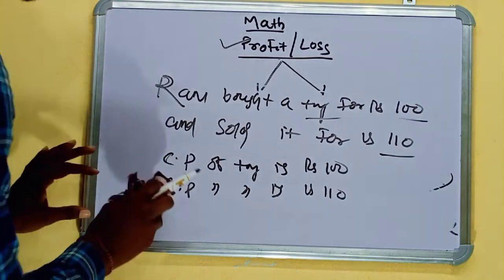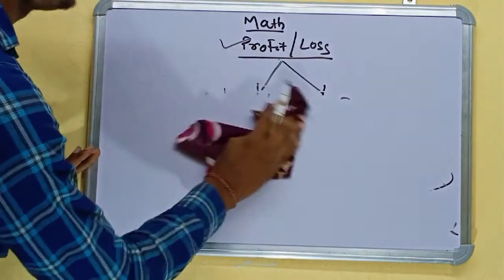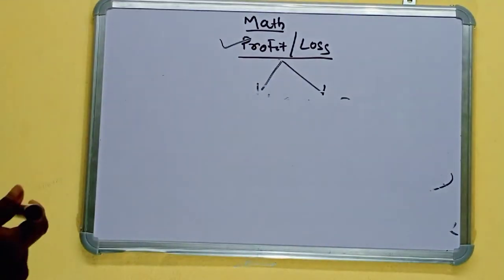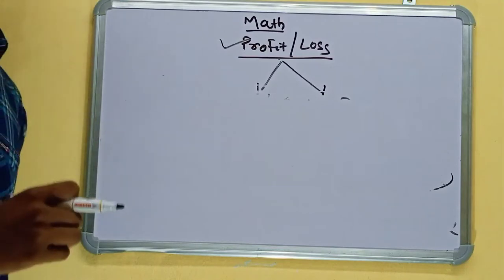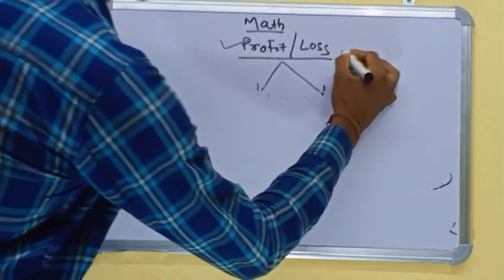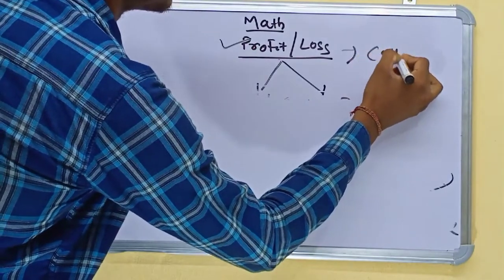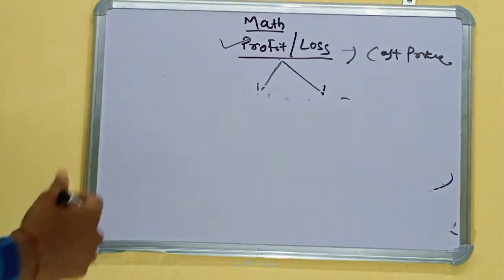Then how to calculate profit or loss through the cost price and selling price? Profit or loss is always calculated on cost price. Then when do we know profit or loss?